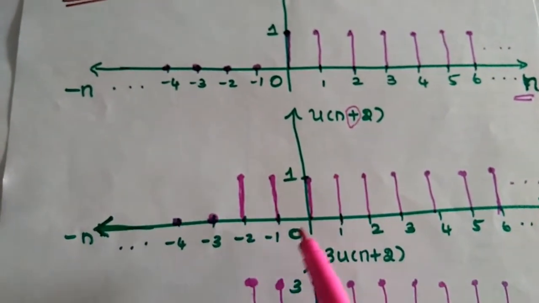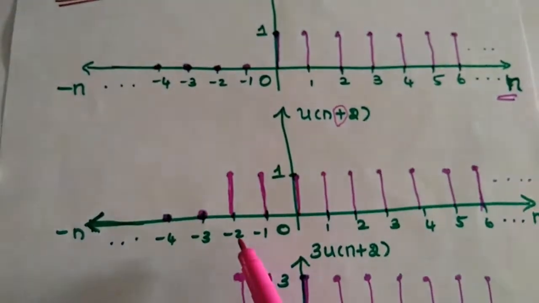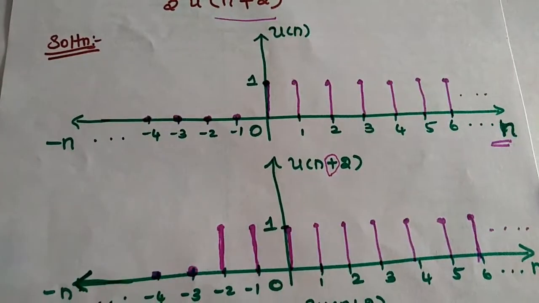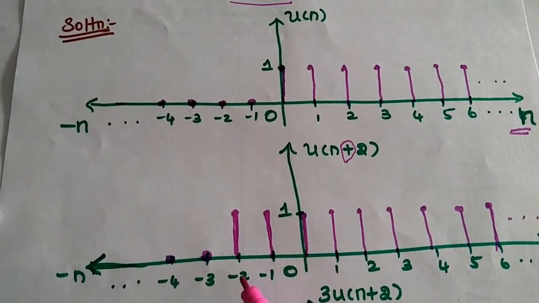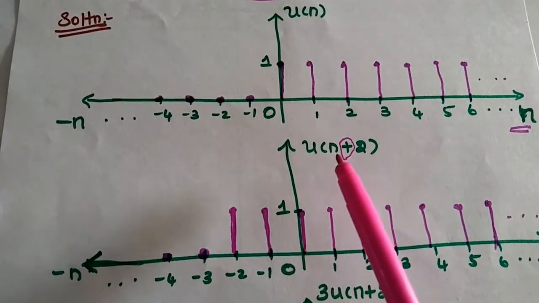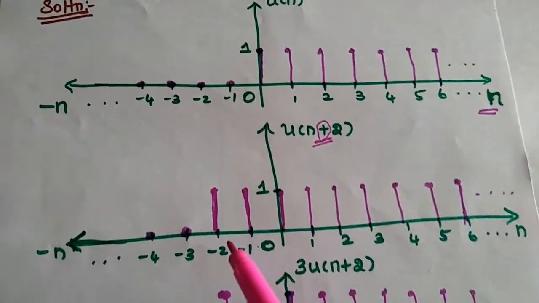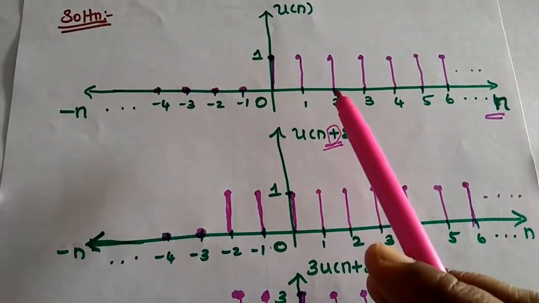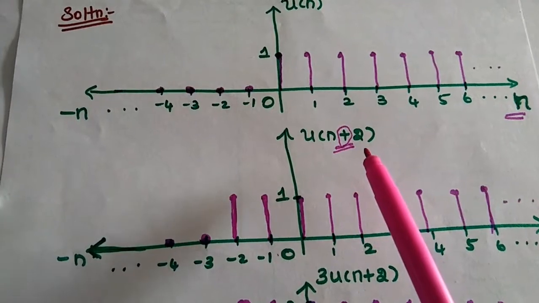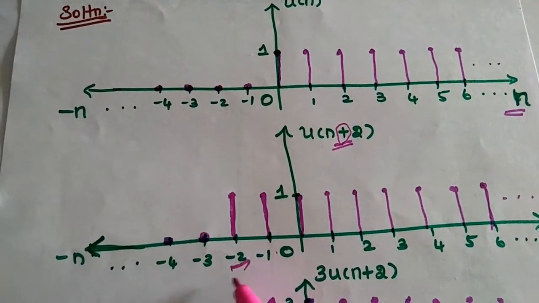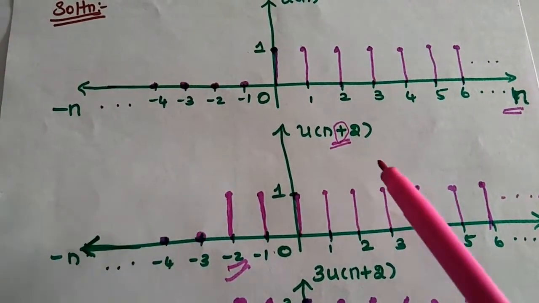So instead of starting from 0, it starts 2 units earlier. So u of n plus 2, plus means we start from the minus side. It starts from minus 2. So this is the u of n plus 2 signal.